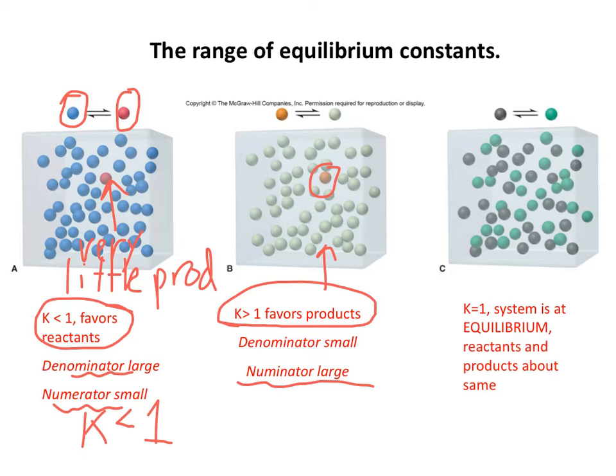The concentrations of the reactants are about the same. And in that case, we have a situation where reactant and product concentrations are about the same and our K is equal to 1. So you do need to recognize these different qualitative values for K.